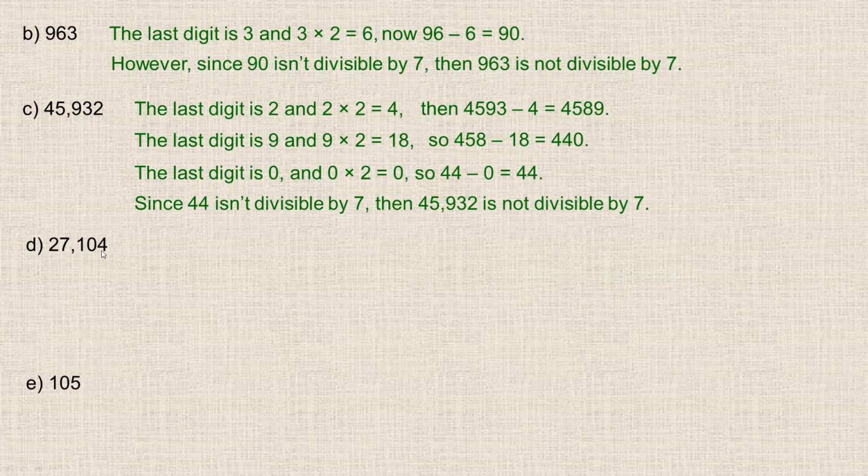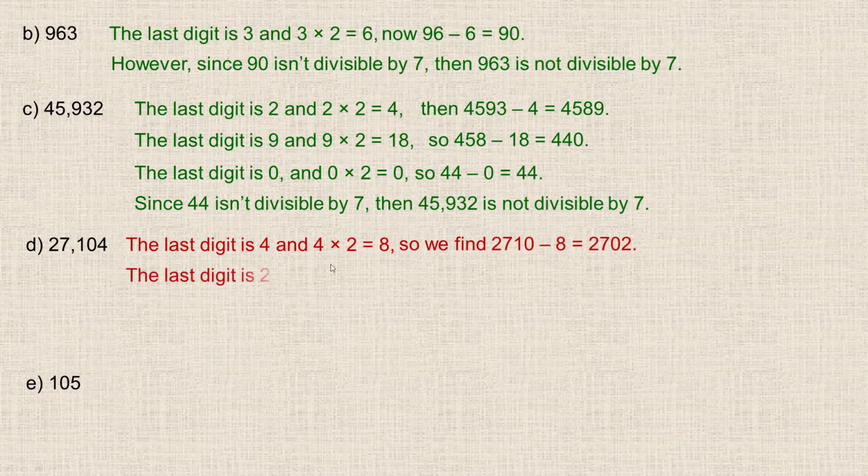So the next one is 27,104. The last digit is a 4, so we double that to get 8. After the 4 is gone, it's 2710 left. So we take 2710 and subtract this 8 from it, which is 2702. Probably too big to figure if it's a multiple of 7 or not. So we take the 2 on the end and double it. So we go 270 minus this 4, which is 266.